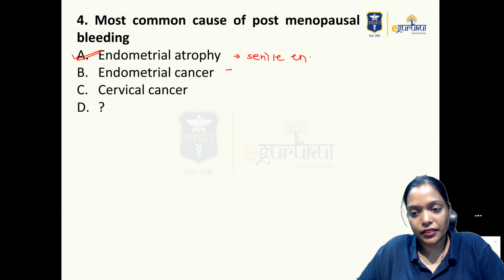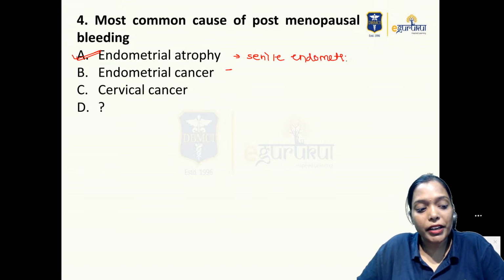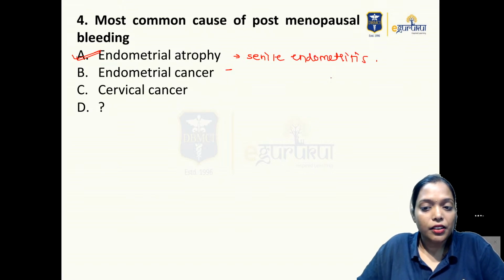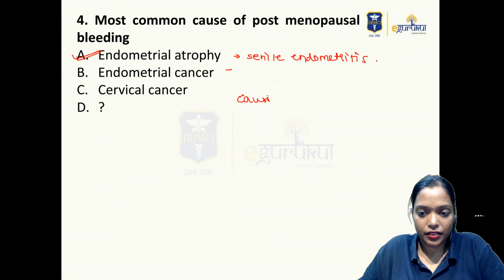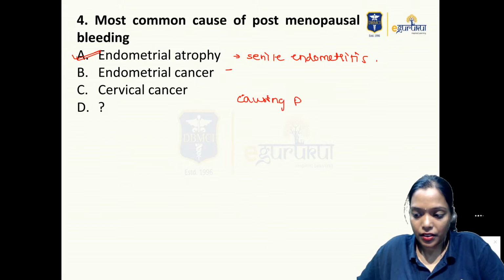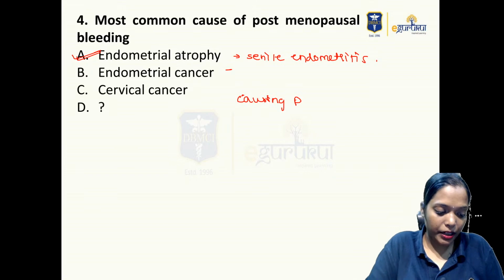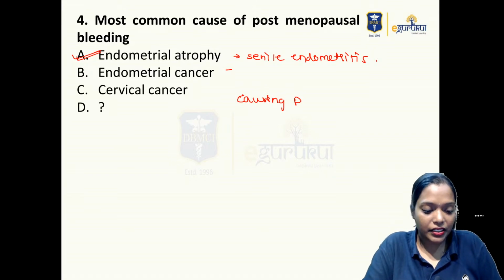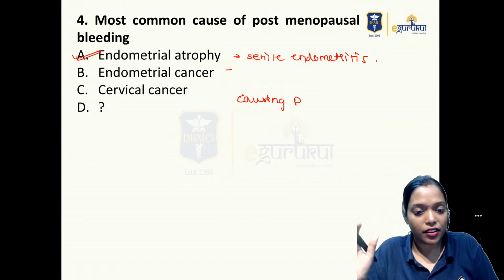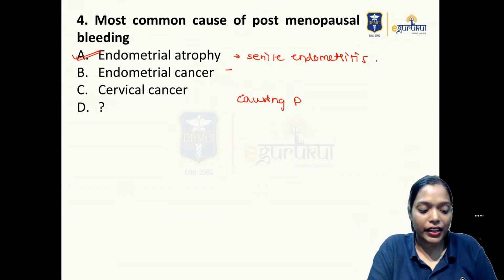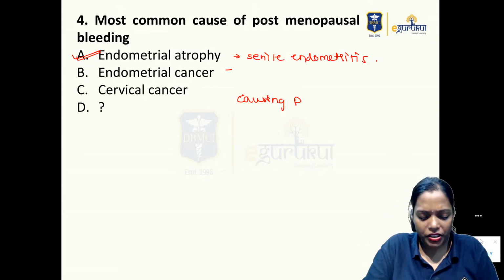Most common cancer causing PMB in developed countries is endometrial cancer, whereas the most common cancer causing PMB in developing countries is cervical cancer. All your questions, whatever you got, everything is from your notes.